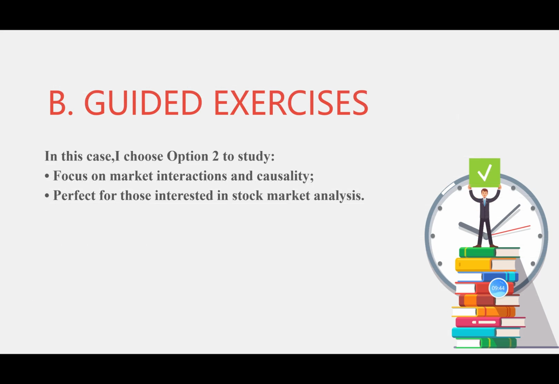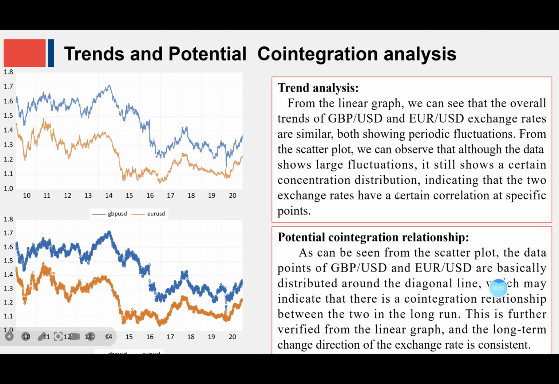And in the second case, I chose option 2 to study. I collected daily exchange rates for the pound against the US dollar and the euro against the US dollar from Yahoo Finance. From the linear graph, we can see that the overall trends of GBP/USD and the EUR/USD exchange rates are similar, both showing periodical fluctuations.